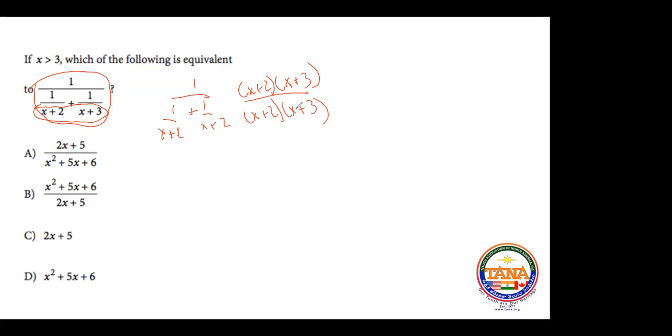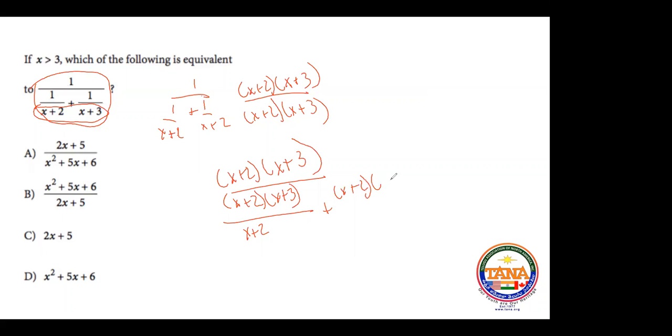What this does is it gets rid of the fractions. So first of all, this becomes x plus 2 over x plus 3 over x plus 2 times x plus 3 over x plus 2 plus x plus 2 times x plus 3 over x plus, wait, oh, it's x plus 3 here.